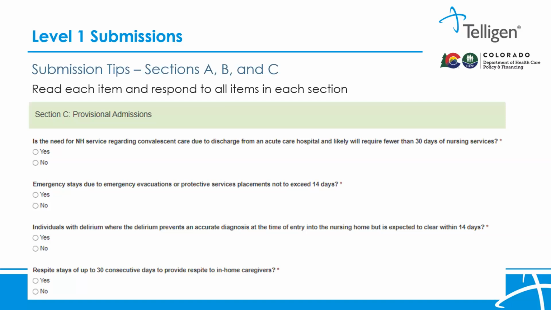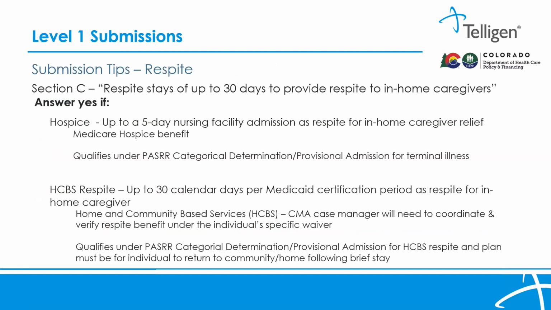Keep in mind that a QA will be completed to ensure that all of the questions, specifically in section C here, the provisional admissions, are being answered correctly, that all PASRR conditions are being reported, and that the appropriate length of stay is also being indicated at the time that the hospital or the CMA completes the level 1. So please just make sure that you're answering those honestly and to the best of your knowledge. Next slide, please.